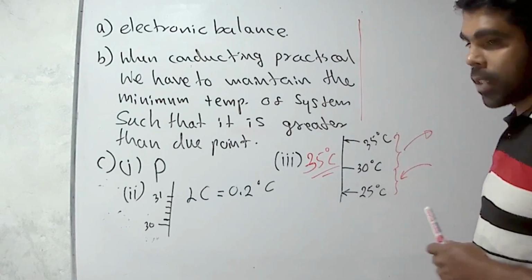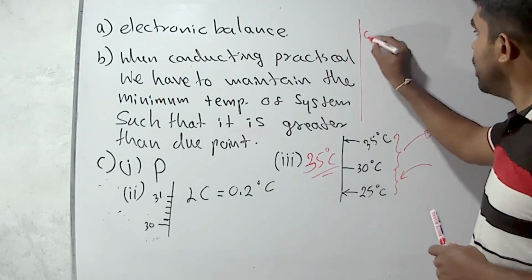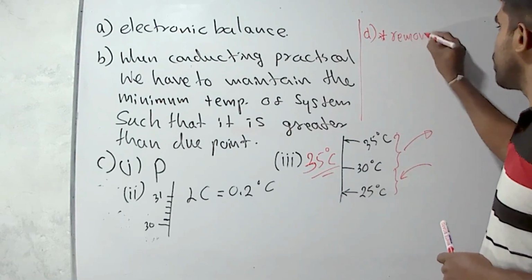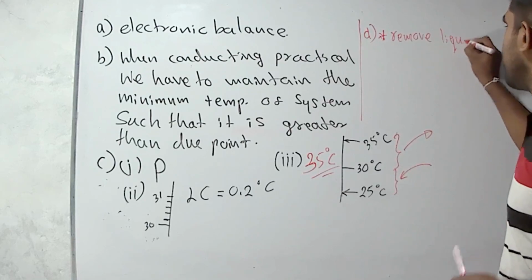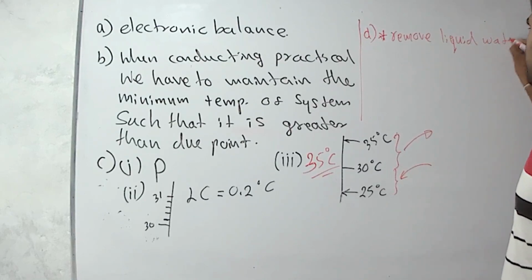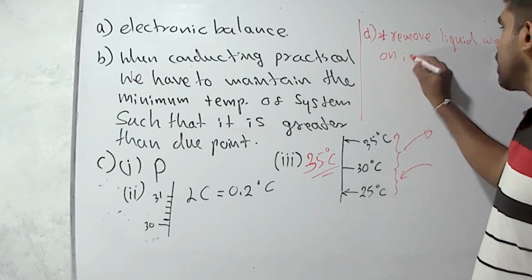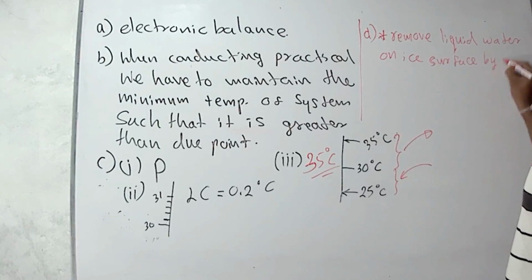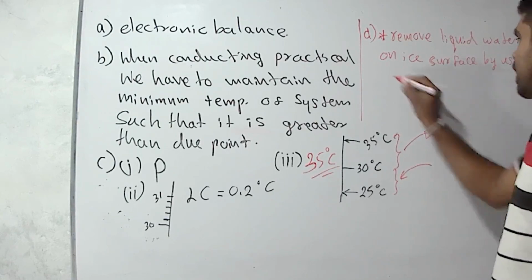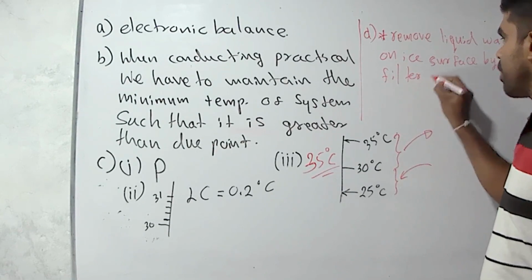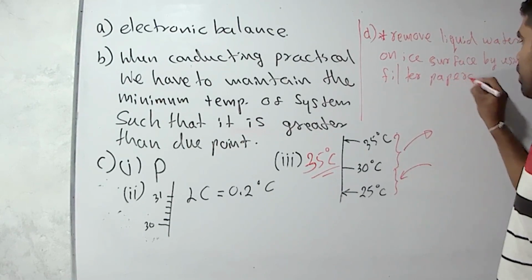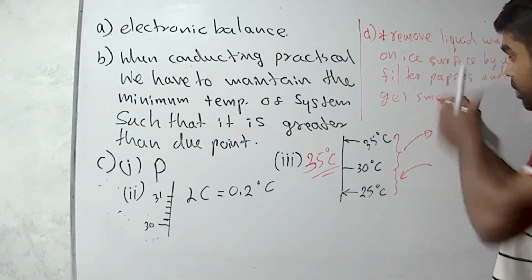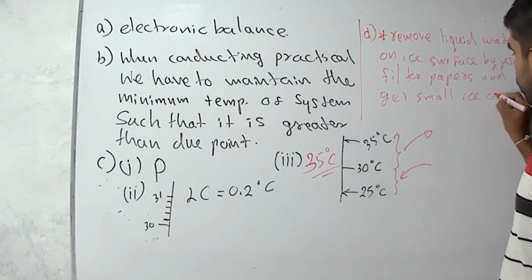Then we can write part D: when preparing ice, remove liquid water on ice surface by using filter papers, and get small ice cubes.